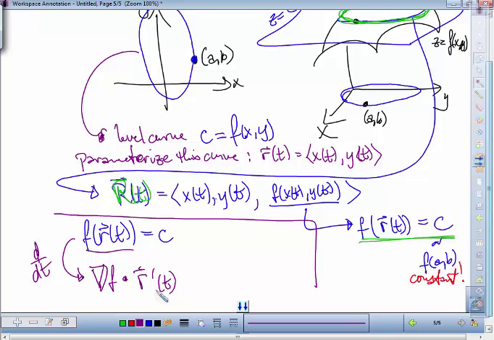It's like the derivative of the outside times the derivative of the inside. It's like the most natural chain rule that we've done compared to the other chain rules we've done in the past, except when you say times, it's a dot product. And then this is equal to 0.